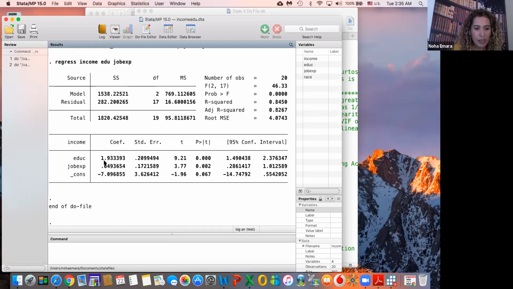And remember, anytime you're analyzing a coefficient, you have to mention holding job experience constant. A 1 year increase in job experience would increase income by approximately $0.65, or 65 cents. Again, you multiply this by the unit of measurement of income.